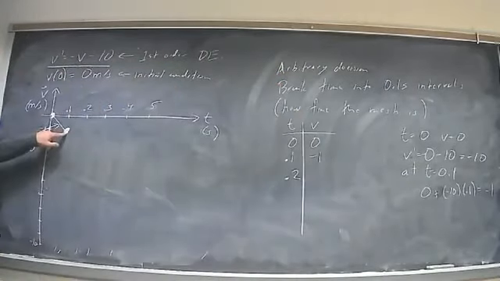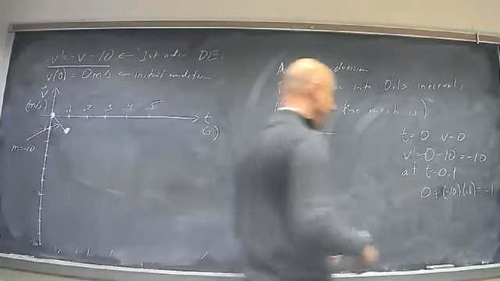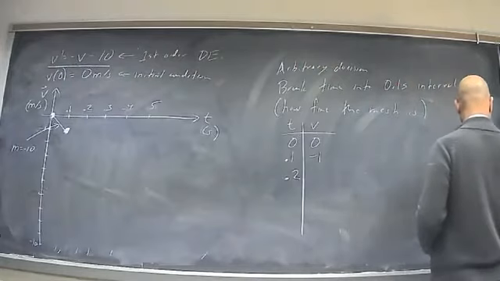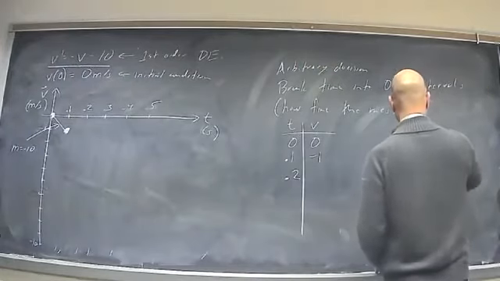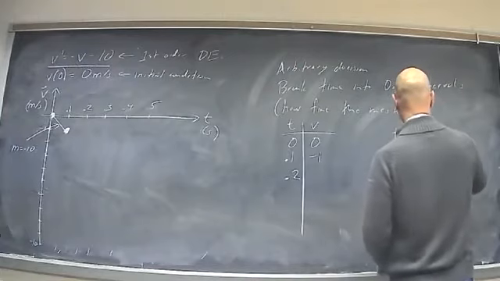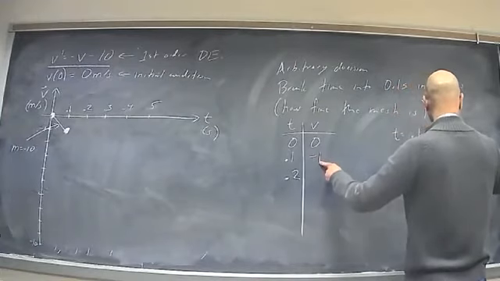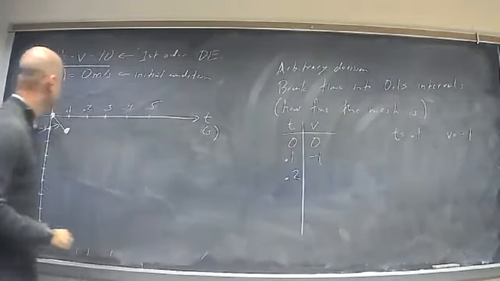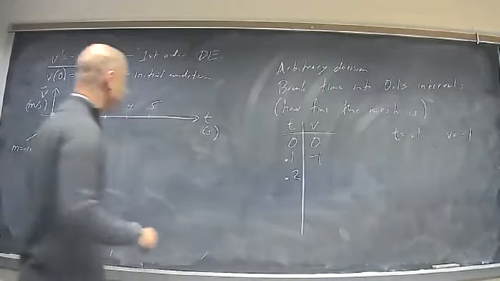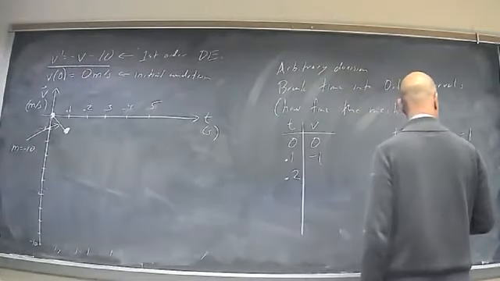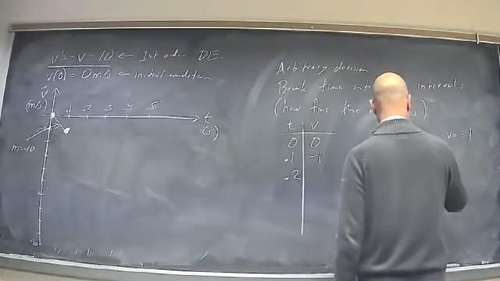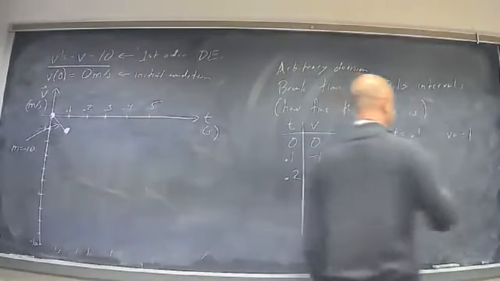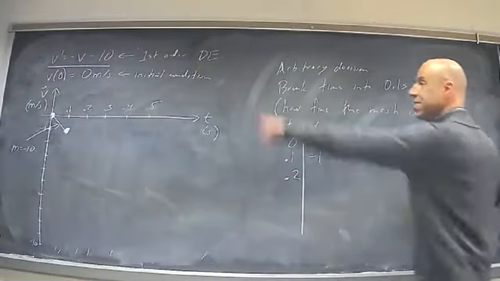So at 1/10 of a second, at t equals 0.1, my velocity, according to what I've computed so far, is minus 1. If I find out what v prime is at t equals 0.1, I'm going to plug v equals -1 into that equation up there.